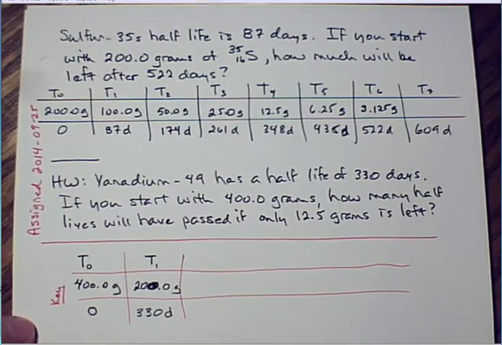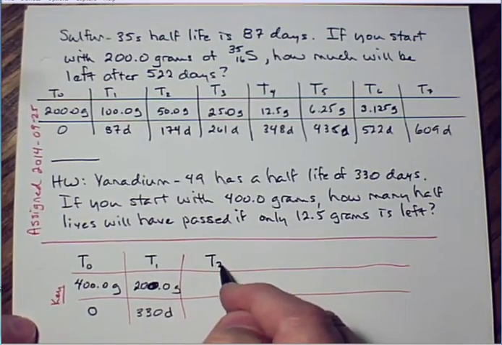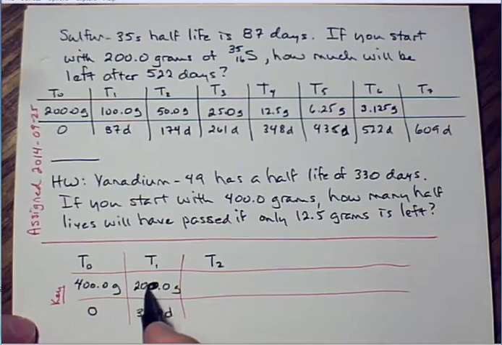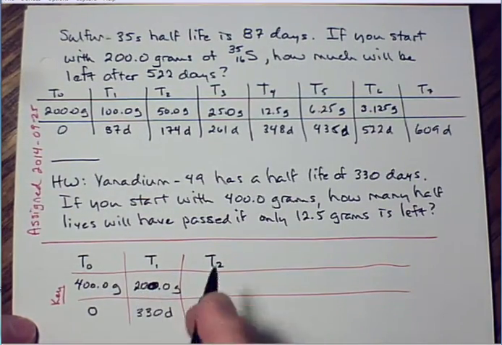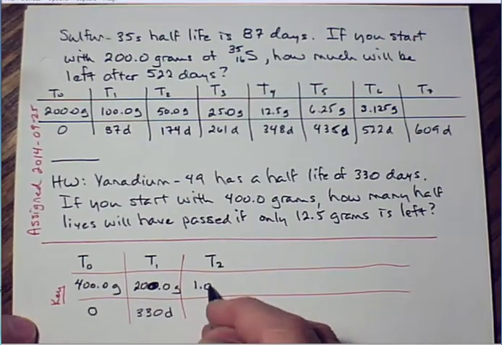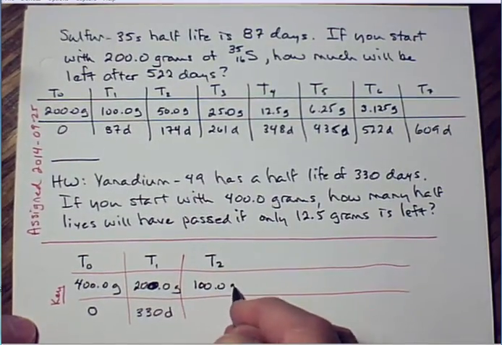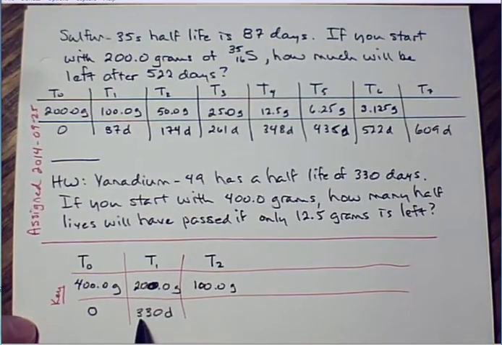The second half-life, which we're going to symbolize as T sub 2, half of this is going to go. Not half of the original, not the whole thing, but half of this is what's going to disappear. So that's 100.0 grams. And that would be another 330 days, which is 660 days.